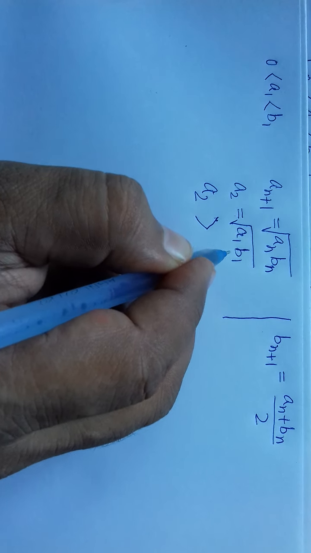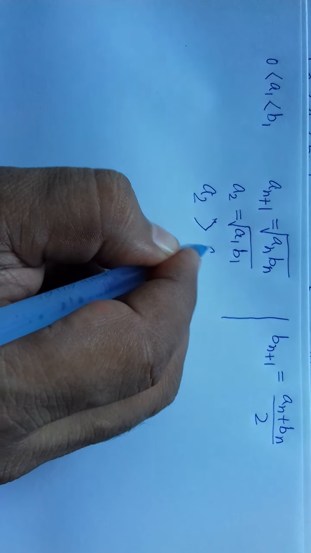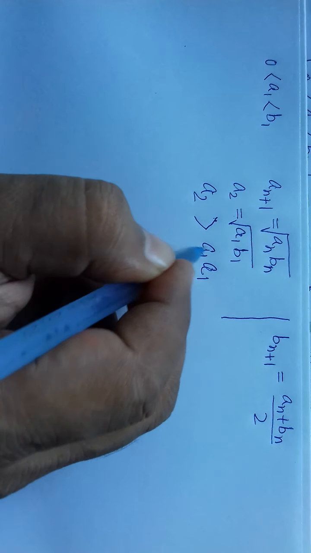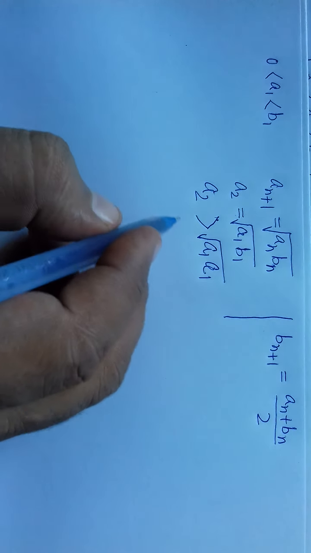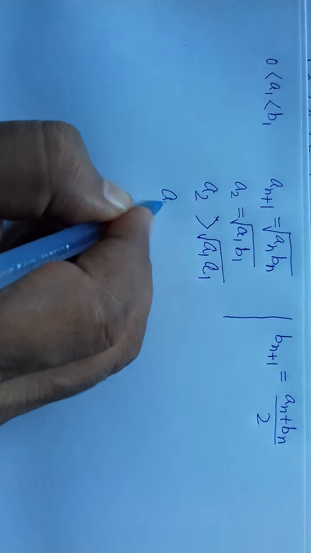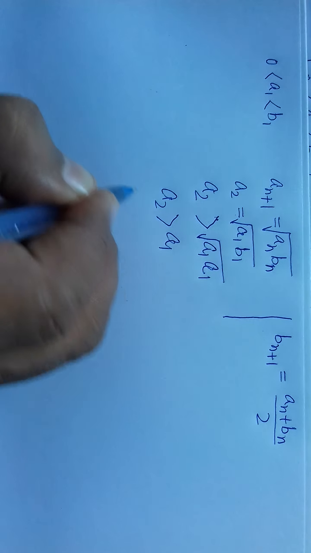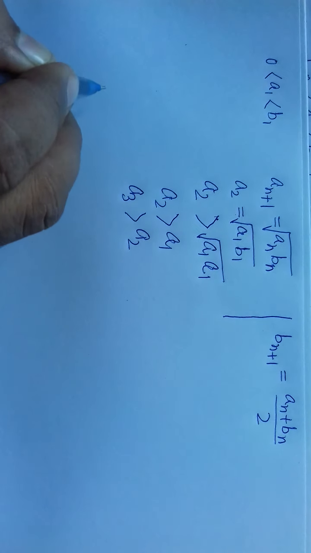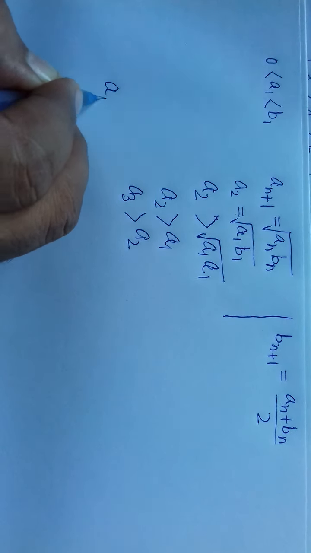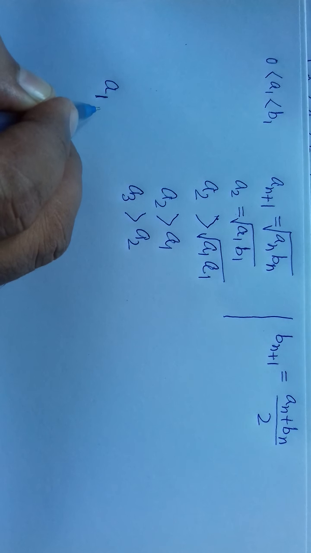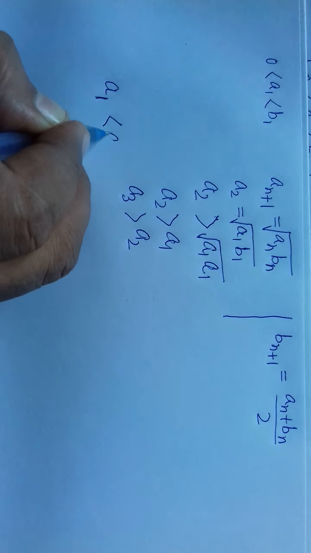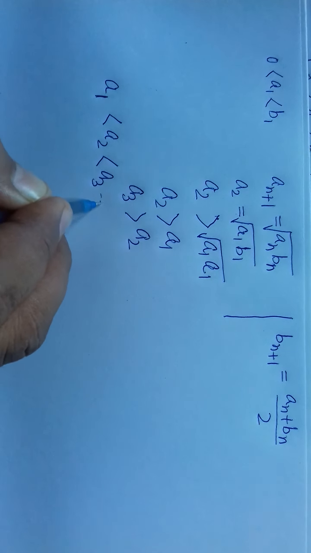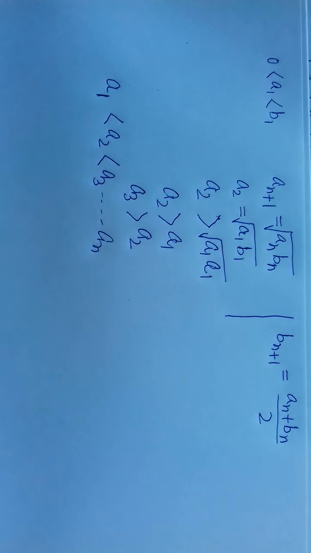So here will be root of a1 times a1. From this relation we have a2 greater than a1. Similarly we can find that a3 is greater than a2. This means that we have this sequence a1 less than a2 less than a3 dot dot dot an.